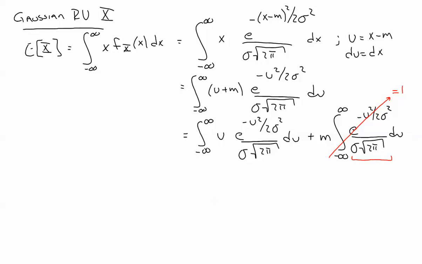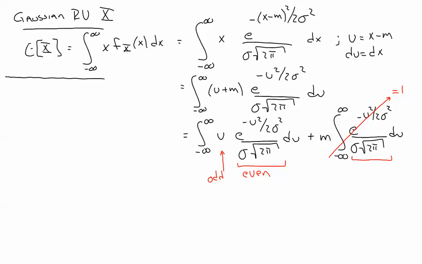All right? Next thing, notice that in my integrand to the right, u is an odd function, and that my zero mean Gaussian is an even function. What do I mean by that?